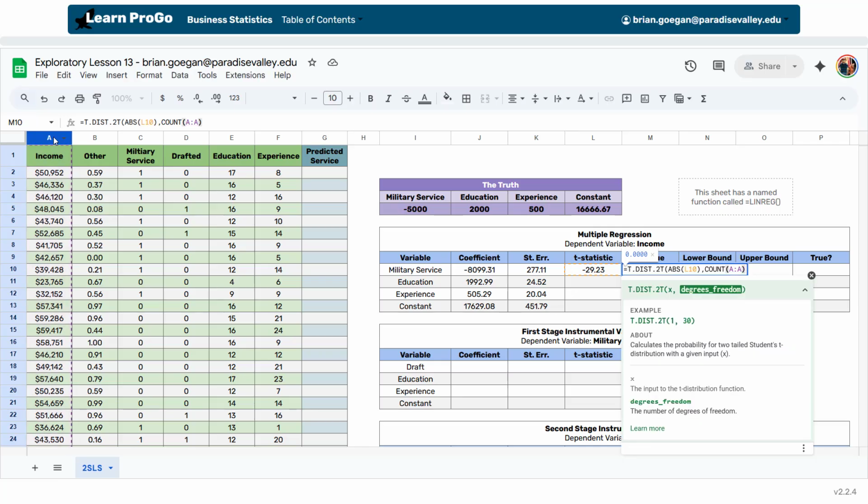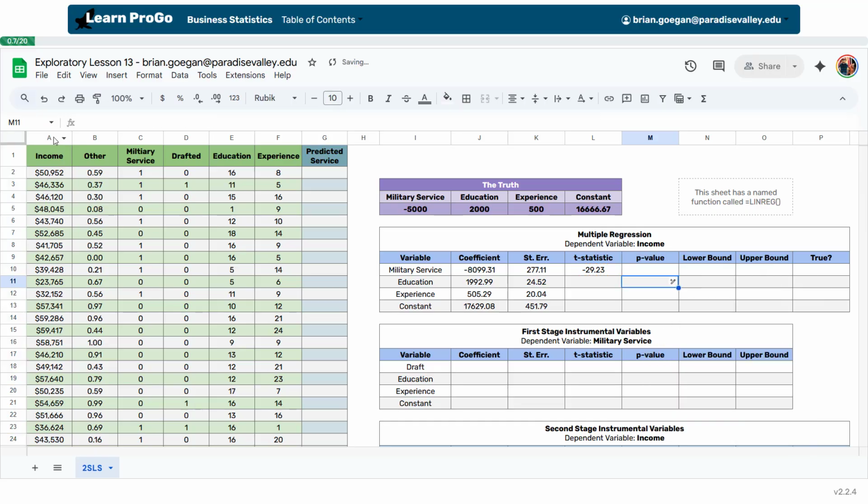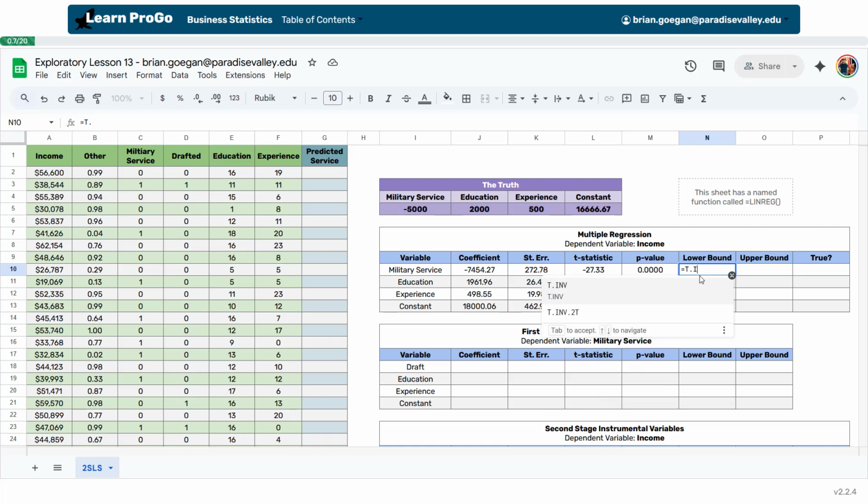And then we need to subtract the proper number of variables that we included. Here we have 4. Military service, education, experience, and the constant. So we need to subtract 4 from this for our degrees of freedom. And there's our p-value.